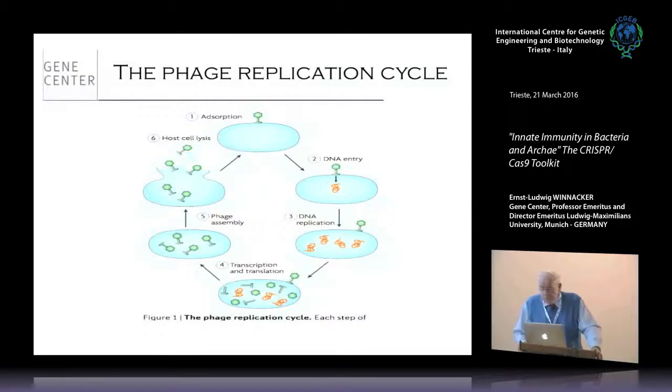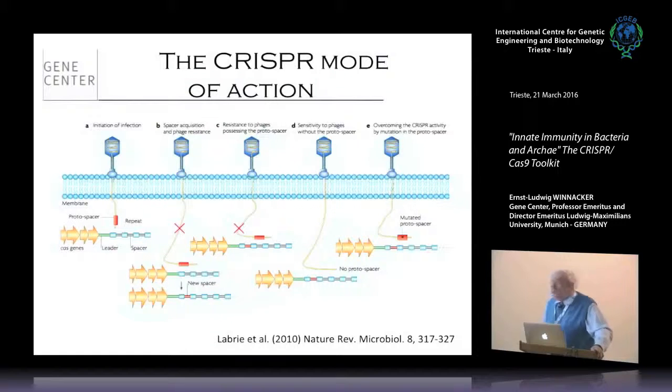But the other system is new, and it is the so-called CRISPR system, which I will now get into. So what happens schematically is that the phage infect, this is the surface of a bacteria, and inject their DNA into the inside of the bacteria.